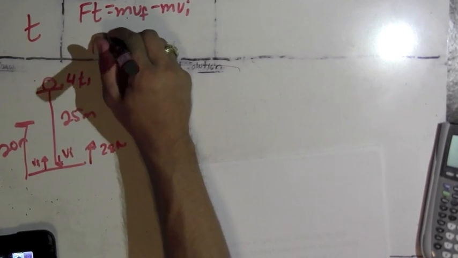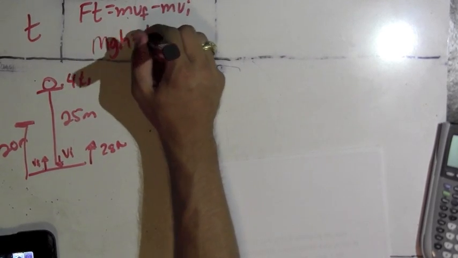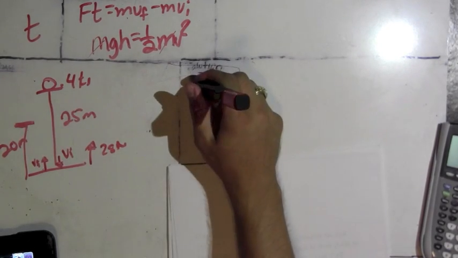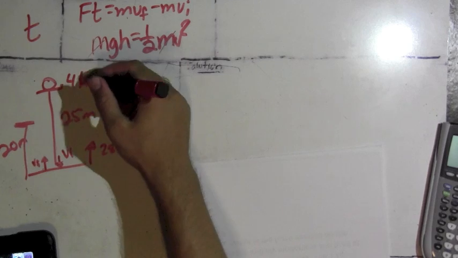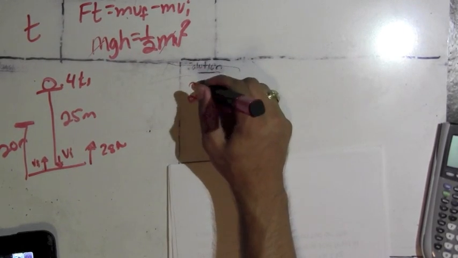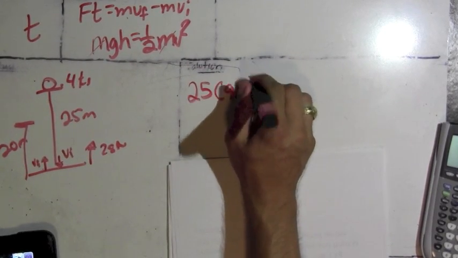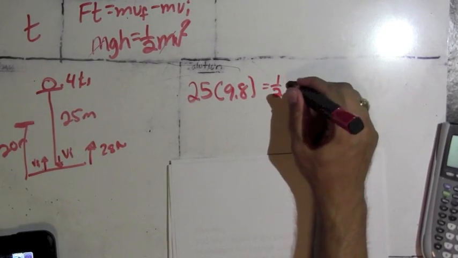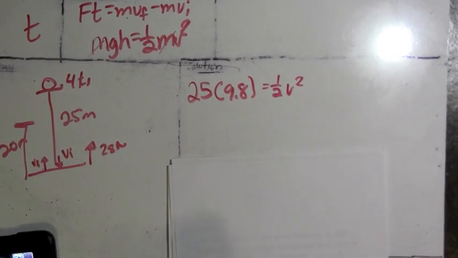How am I going to figure out those velocities? I'm going to use conservation of energy, or mgh equals 1/2 mv squared. In our case, mass is going to cancel out. So the fact that it falls 25 meters times 9.8 allows me to solve for the velocity as it strikes the ground.